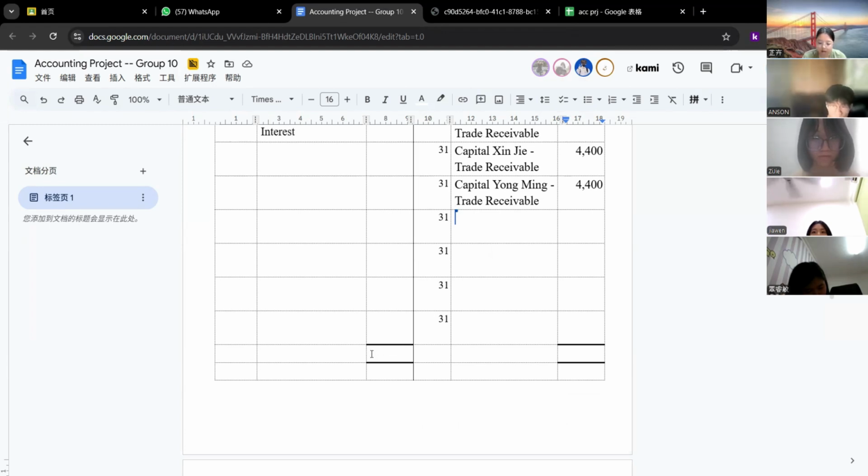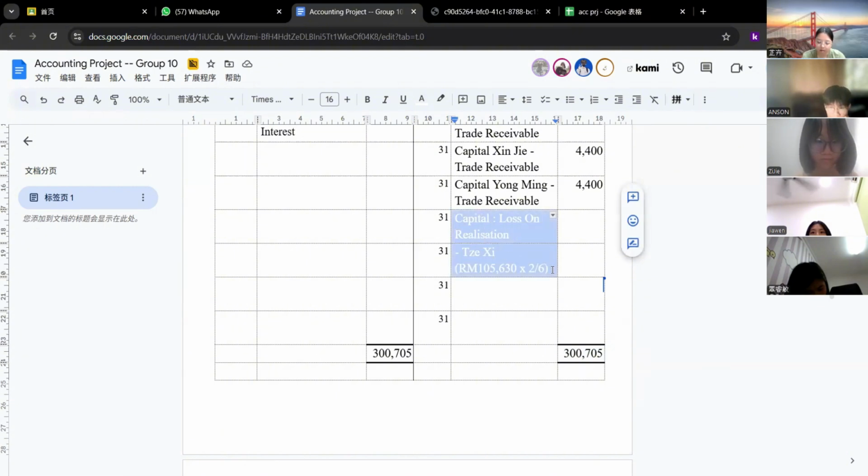So we need to take our debit side minus the credit side, which is lesser than our debit, and it amounts to 105,630, and we need to divide this 105,630 according to the ratio of the profit or losses in the question above, as mentioned before.